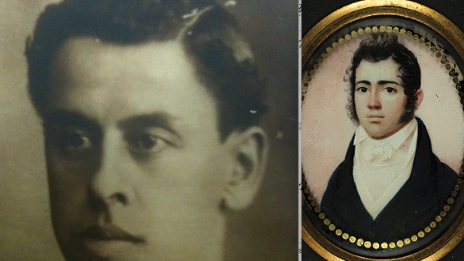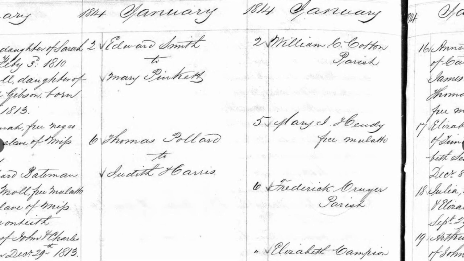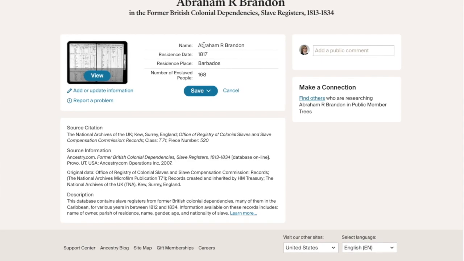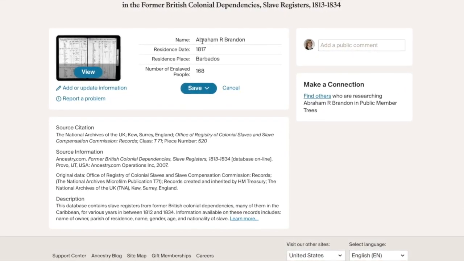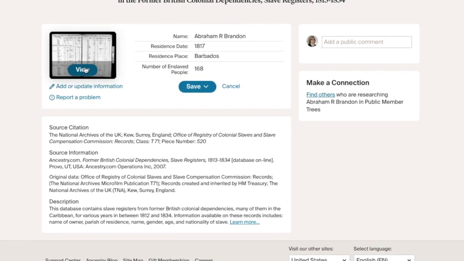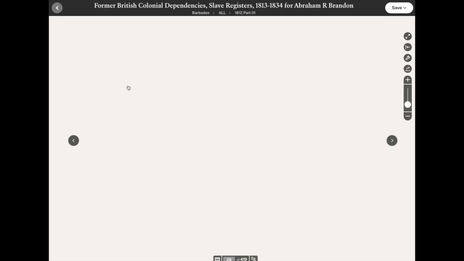So if we go back to looking at those different colonial dependencies, here's Abraham Rodriguez Brandon. I went back to 1817, hoping that I could capture somebody who would be about the right age to be this James Senior that we're looking for. That would be that person of color that was manumitted.